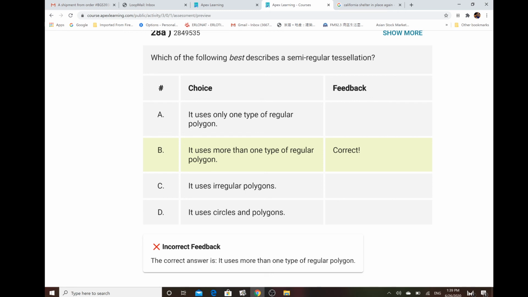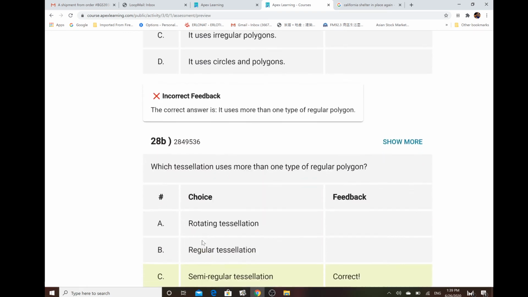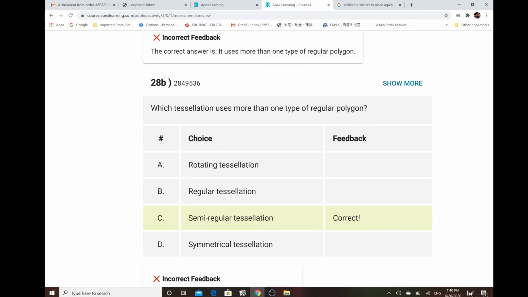They cannot be irregular polygons, because that would look kind of ugly. And then it used circles and polygons. Not necessarily circles, it can be any kind of polygon. It can be triangle, square, pentagon, hexagon, heptagon, nonagon, octagon, any kind of polygon, as long as they're regular.